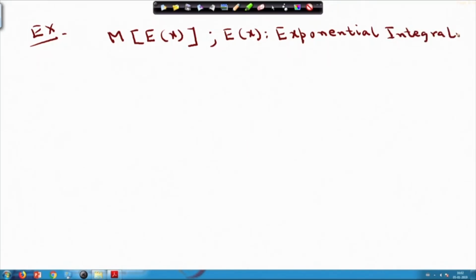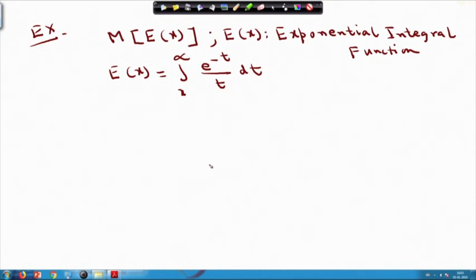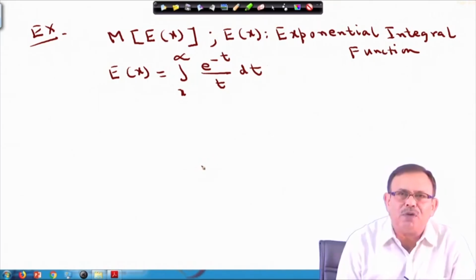The exponential integral function is given by E of x equals the integral from x to infinity of e power minus t by t dt. So, we want to find the Mellin transform of E of x.